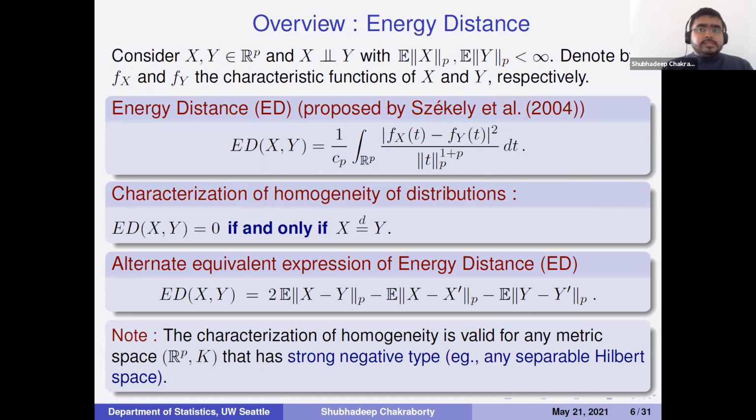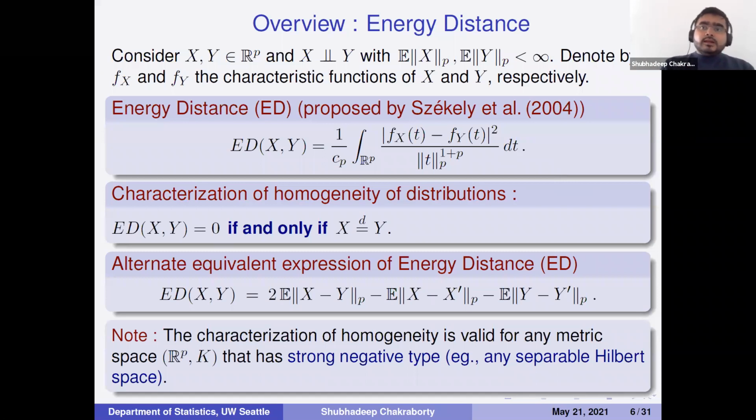This wasn't addressed in the literature until very recently. In a recent paper, we showed that energy distance, let alone capturing complete homogeneity of two distributions, can only test for the equality of the mean vectors and the variance elements of the two high dimensional random vectors. I will talk more about that limitation of energy distance in just a couple of slides.